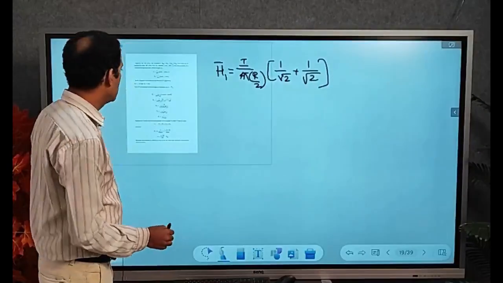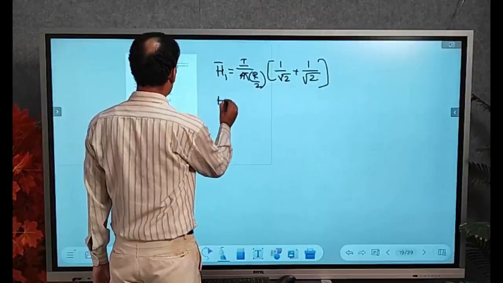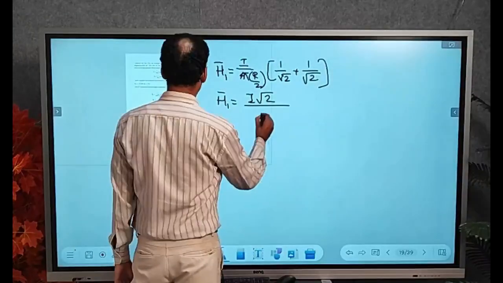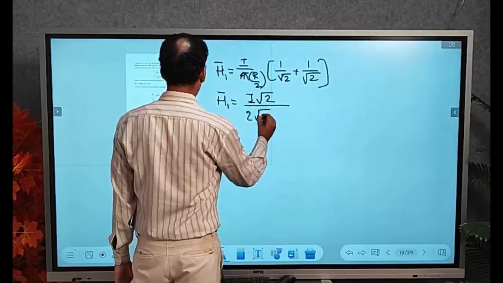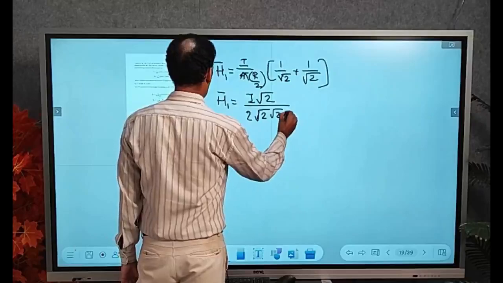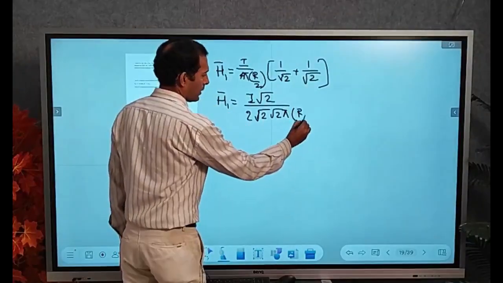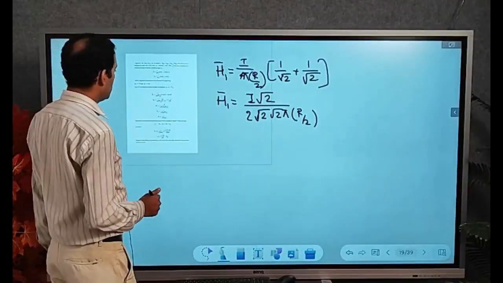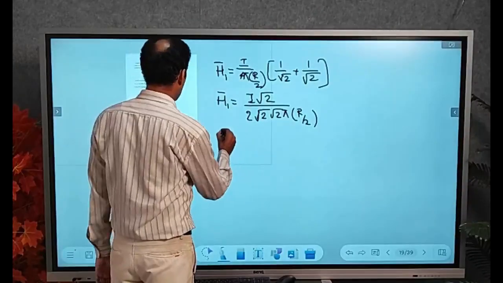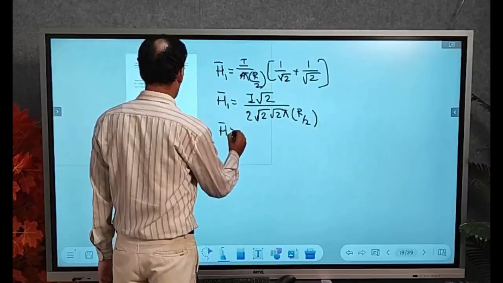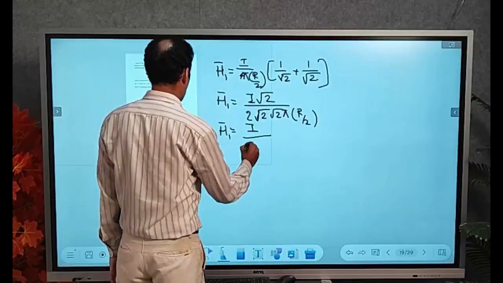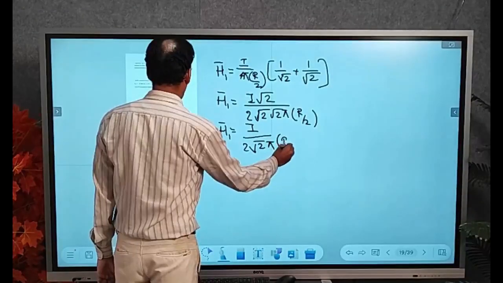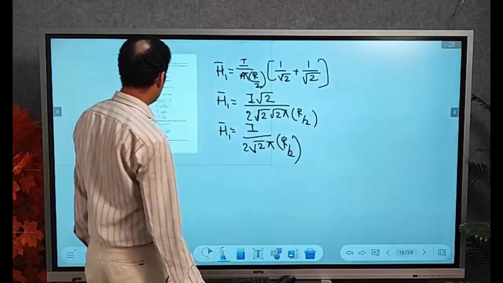Now we will simplify this term. After simplification, we can rewrite it as H1 equal to I root 2 divided by 2 root 2 pi r by 2. Further we can simplify it, we can write H1 equal to I upon 2 root 2 pi, r by 2.